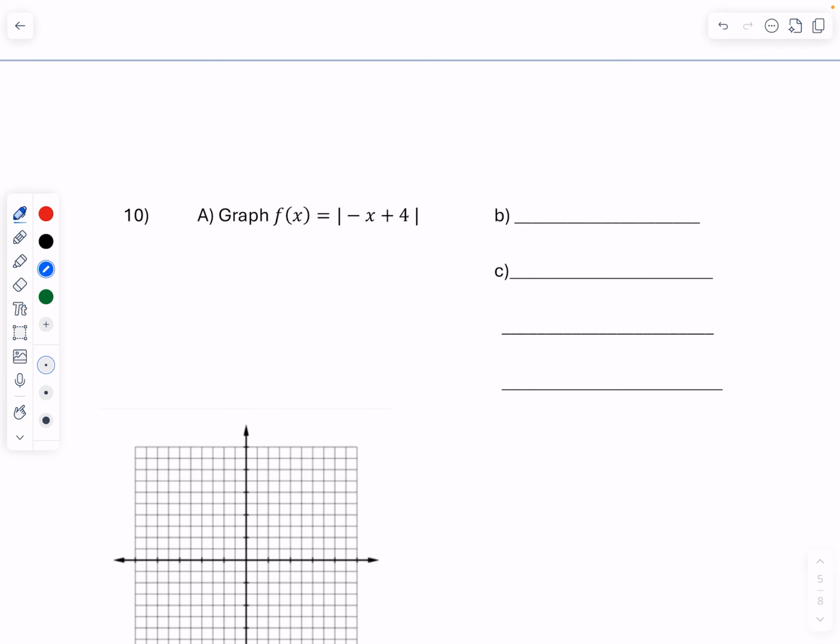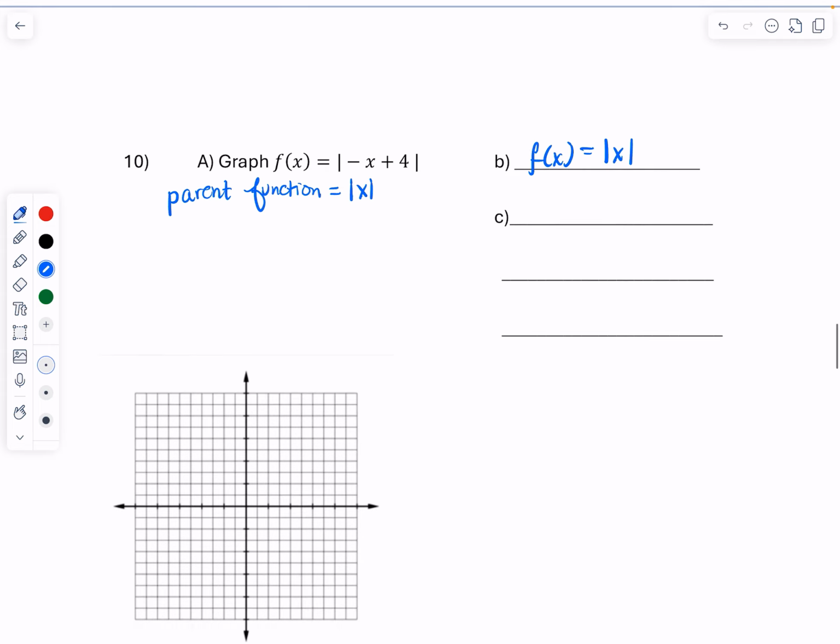Graph f of x equals the absolute value of negative x plus 4. The parent function is the absolute value of x. Okay, now I'm looking at this and I have a couple things going on here. First of all, I have a negative inside the absolute value.